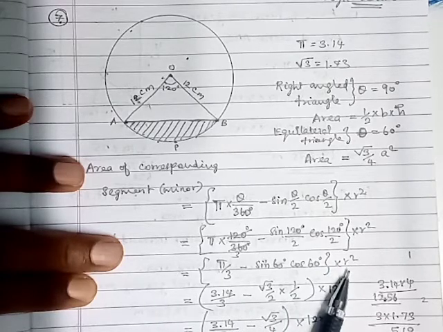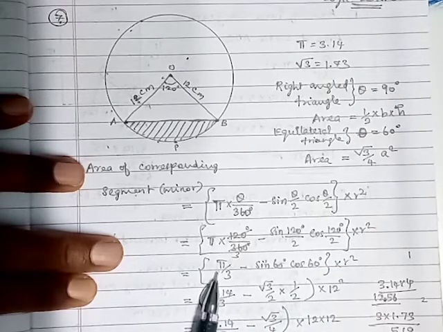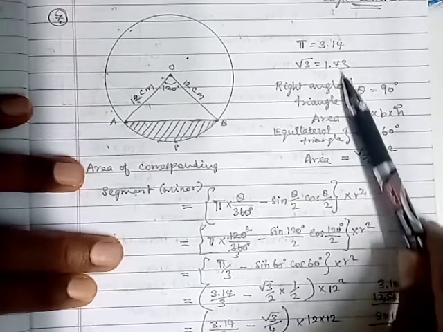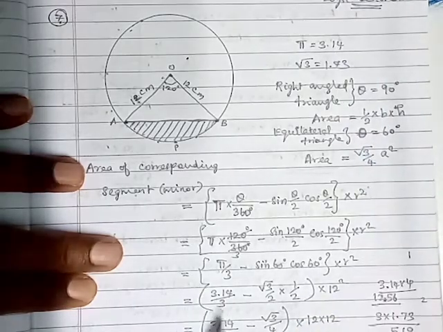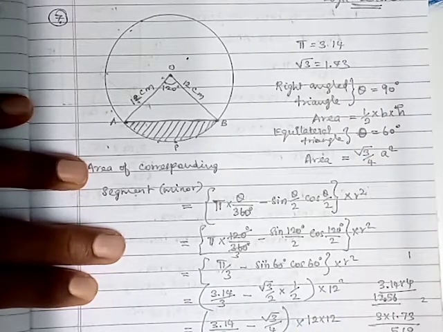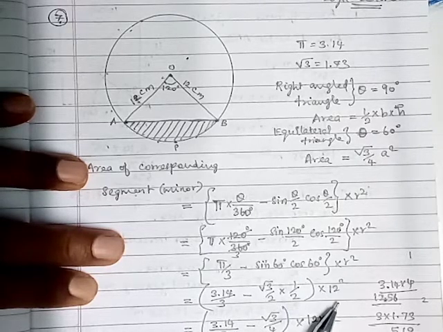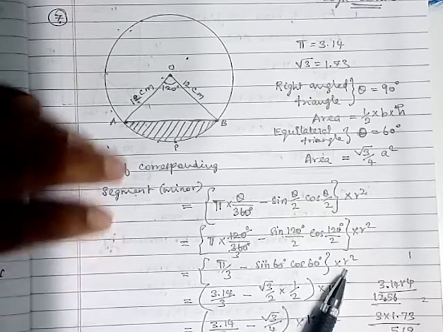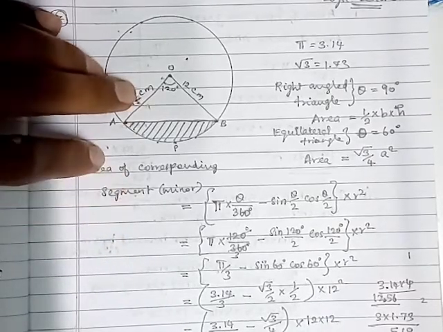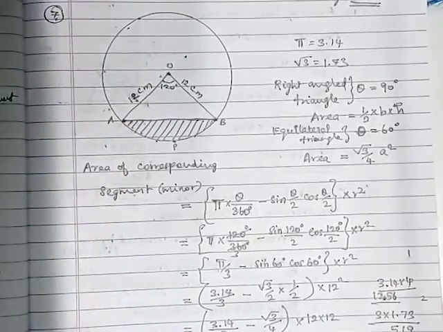Again we use pi as 3.14. So 3.14 by 3 minus sin 60 is root 3 by 2, cos 60 is 1 by 2, into 12 squared, as r is 12 centimeter.